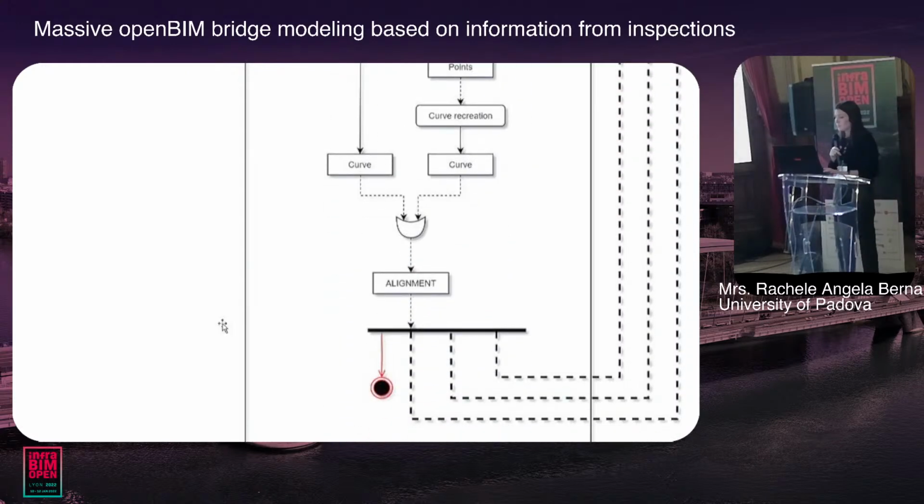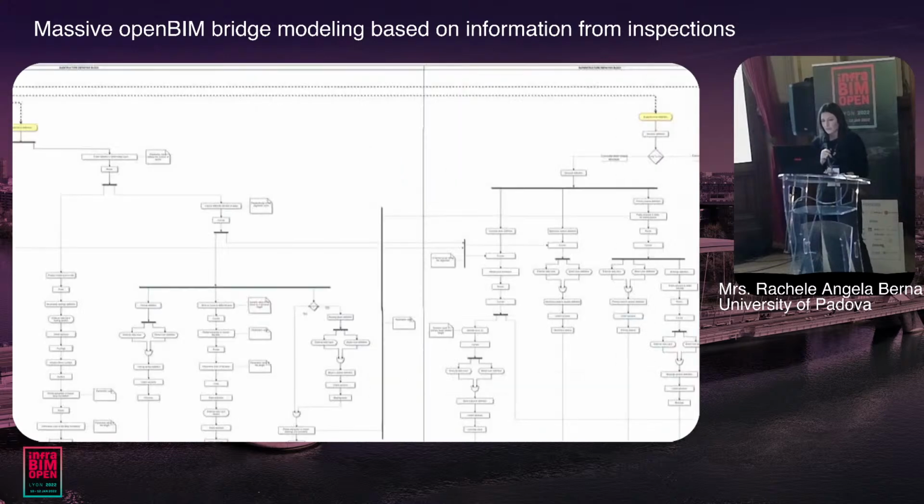From the alignment, we then apply the spatial structure of the bridge: substructure, foundation, bridge, but also the containment of the elements that we have during the inspection phase.